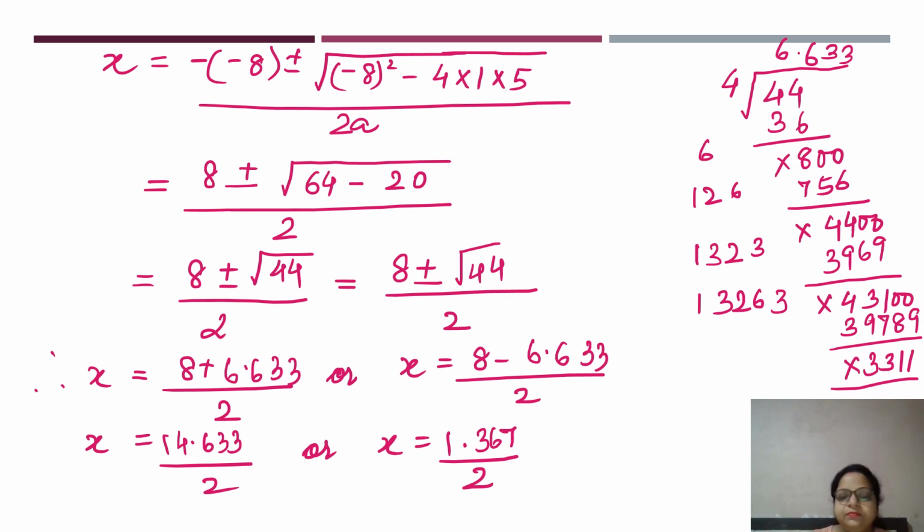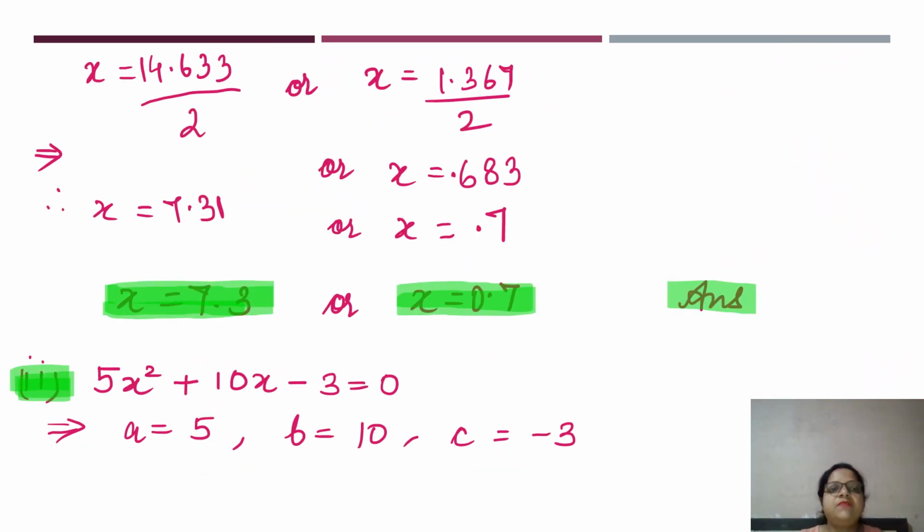Okay. So solving x equal to 14.633 upon 2 or x is equal to 1.367 upon 2, we get the answer as x is equal to 7.31 or x is equal to 0.7.